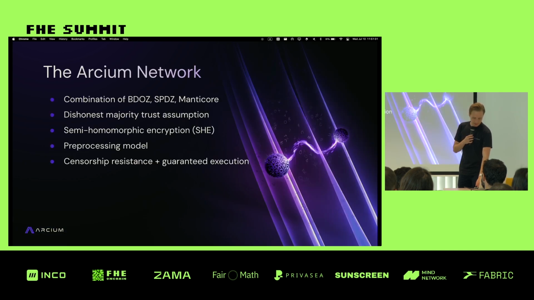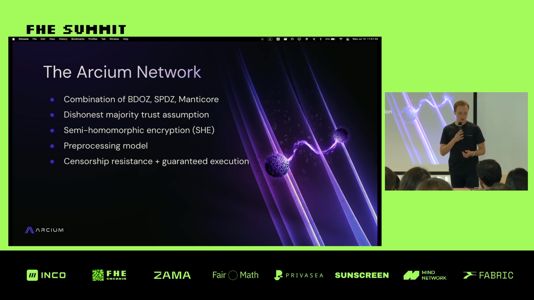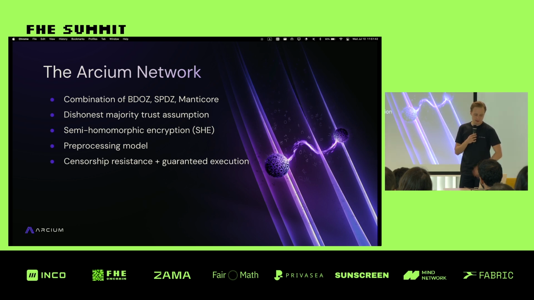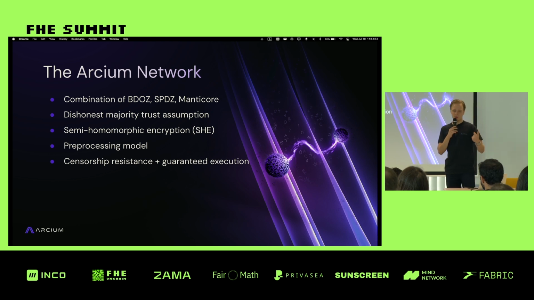Essentially we used a set of protocols in combination with a dishonest majority trust assumption. There are different things that can be added to the pre-processing phase. In our case, we added this ability to cryptographically identify misbehavior during the computation without adding additional complexity to the online phase.